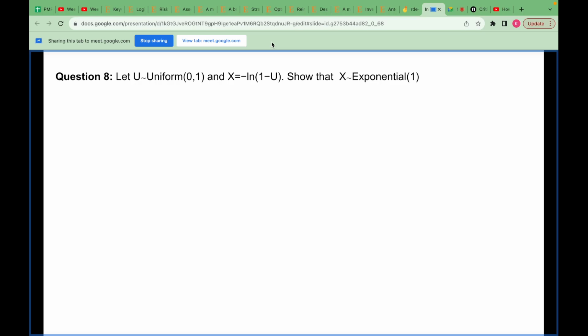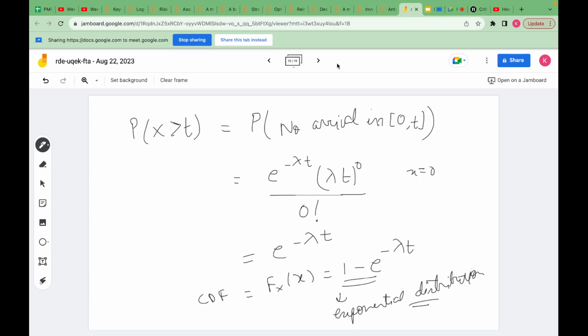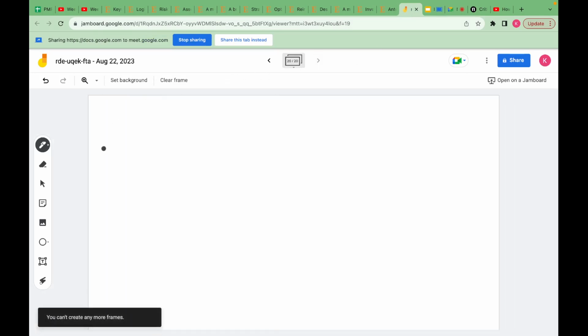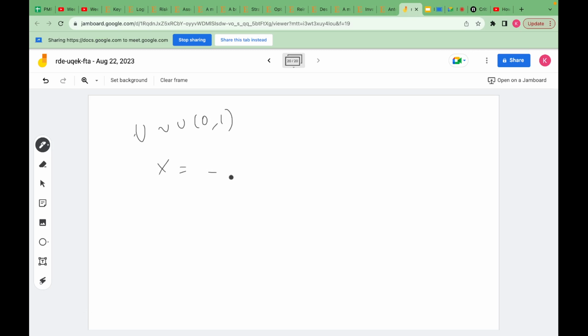Now it is given that u is uniformly distributed between 0 to 1 and x is minus ln of 1 minus u. Now show that x is exponentially distributed with parameter 1. So u is uniformly distributed between 0 to 1 and x is minus ln(1 minus u).